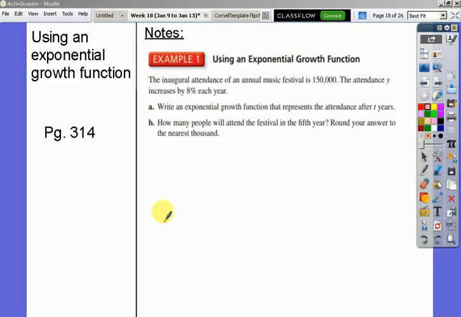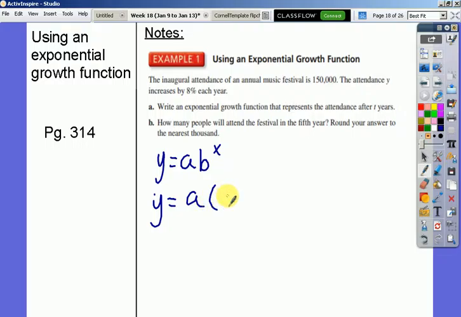So I'm going to remember my general formula. And the way I remember it is, I remember the general form for an exponential function, and I think to myself, how is this different? Well, the y stays the same, the a stays the same, the b is replaced with what? 1 plus r, my growth factor, and my x is replaced with t. Okay, so I already have the formula. So now I just have to plug some stuff in.